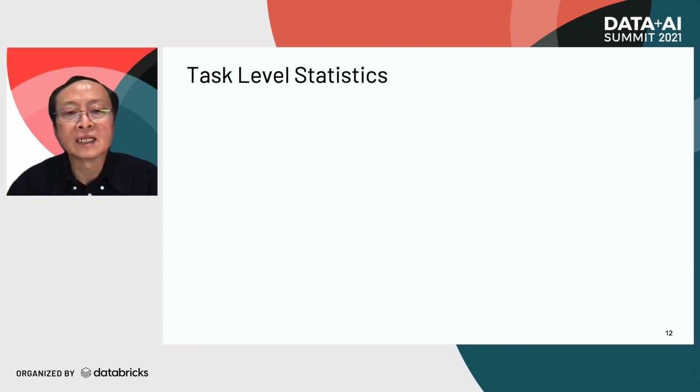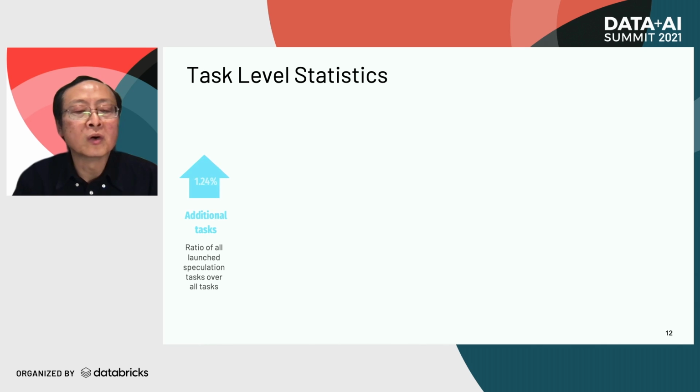Now let's look at statistics at task level. For a 1 week period, we look at the ratio of all the launched speculation tasks over all the tasks. By the way, as Venkat mentioned earlier, we set the speculation min threshold to 30 seconds.